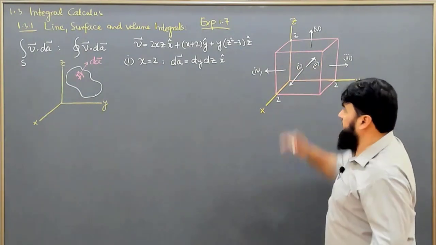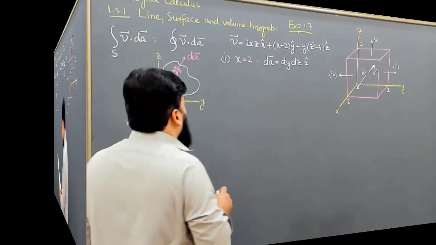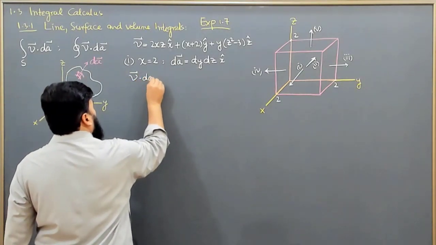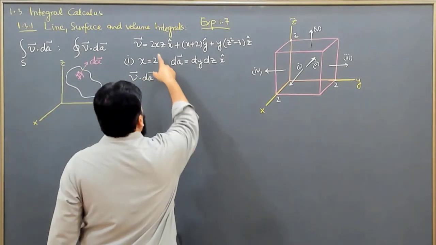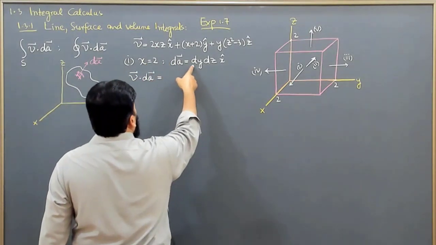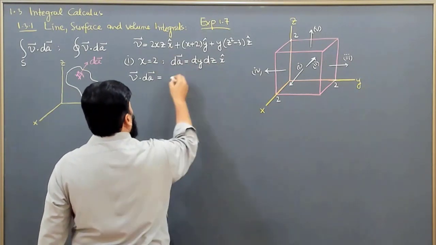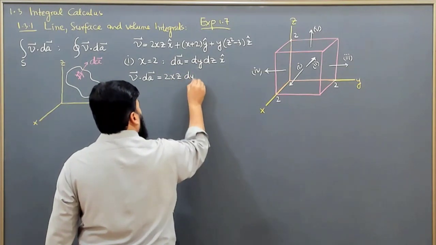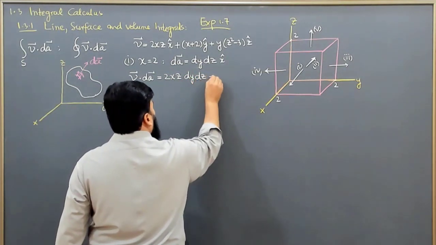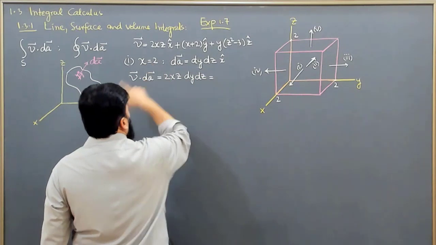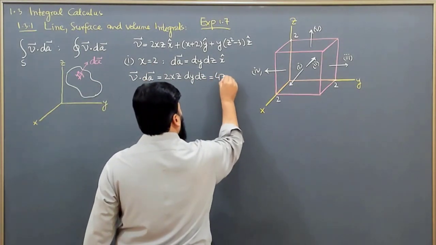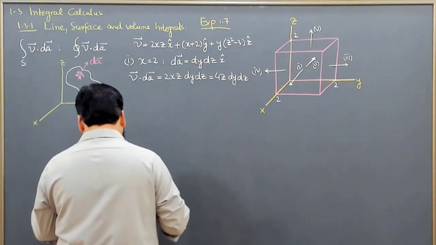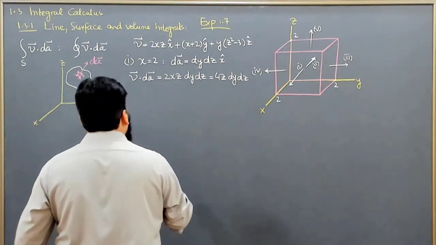Now let's calculate v dot dA here. Only the x component is multiplied with the x unit vector, so it is 2xz dy dz. And we know that x is equal to 2, so it is 4z dy dz here. And now I find the integral.